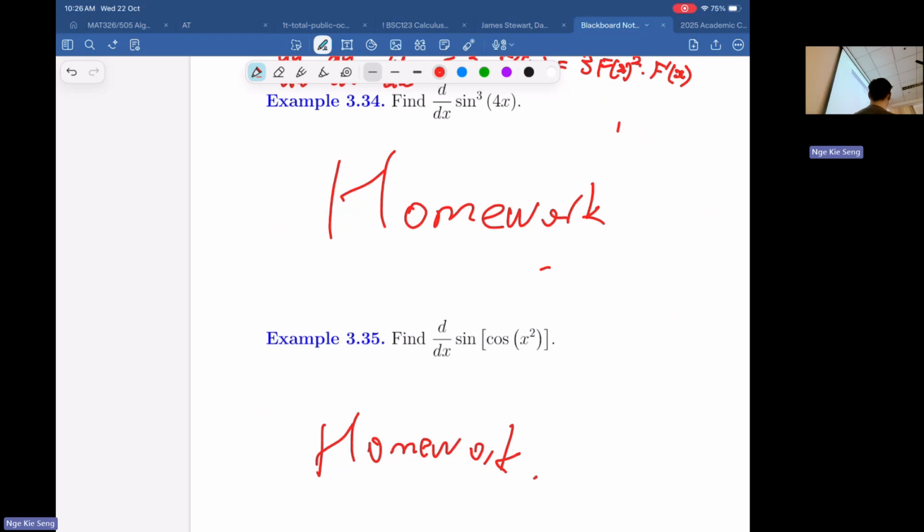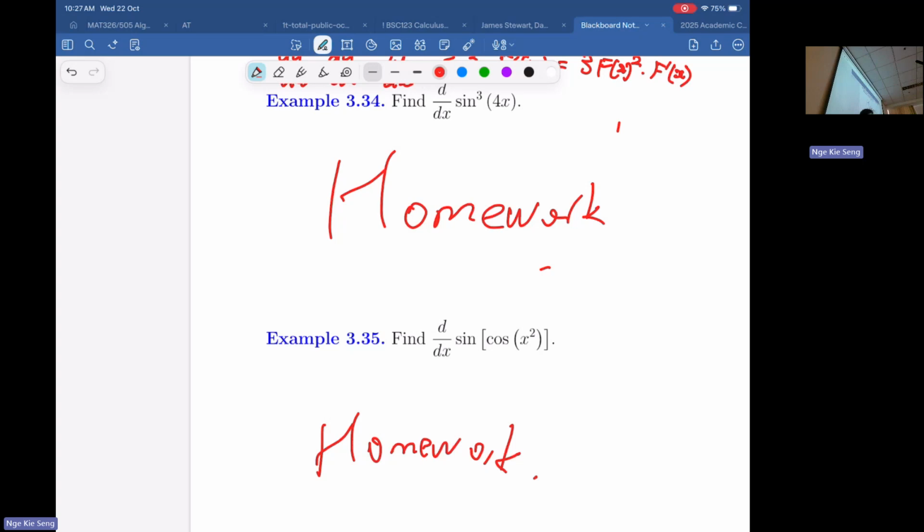Why apply chain rule twice? How many basic functions do you see in 3.34? You see a power cube, a triangle sign, and a 4x. So there are three composite terms, so you should do chain rule twice.